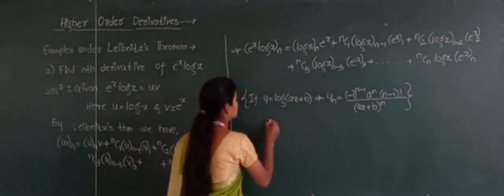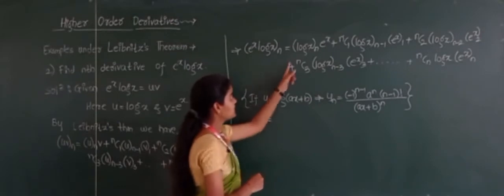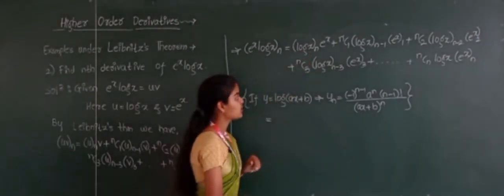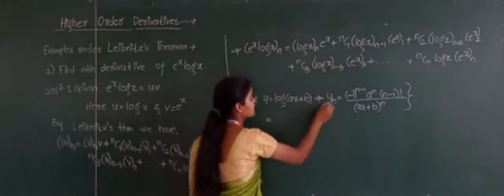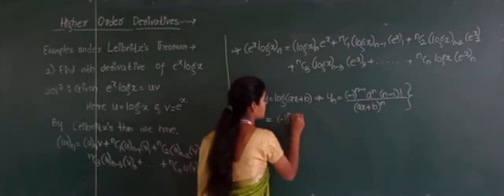Now let's write down the terms. What will we get? Log x nth derivative, that is minus 1 raised to n minus 1.